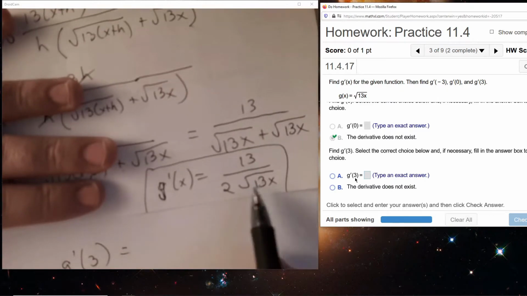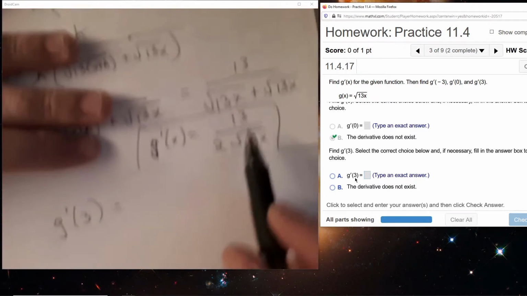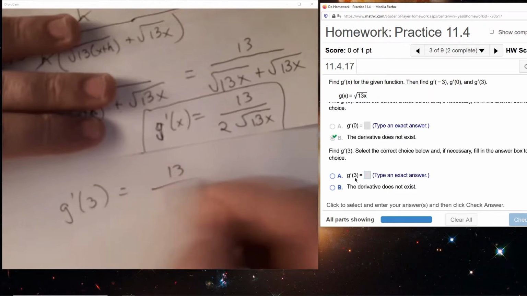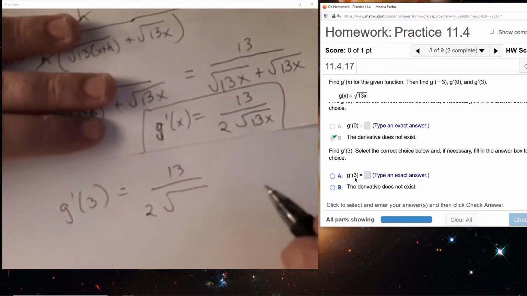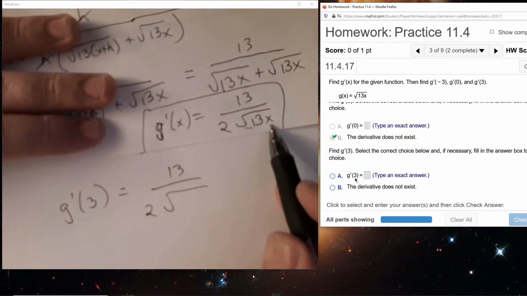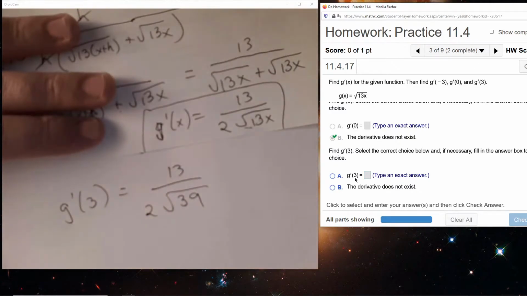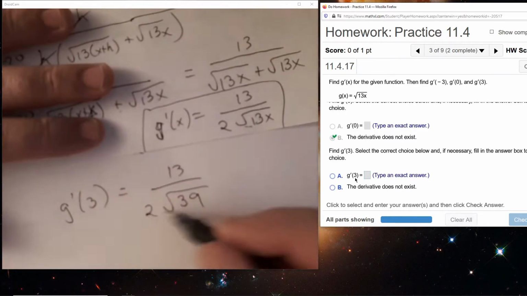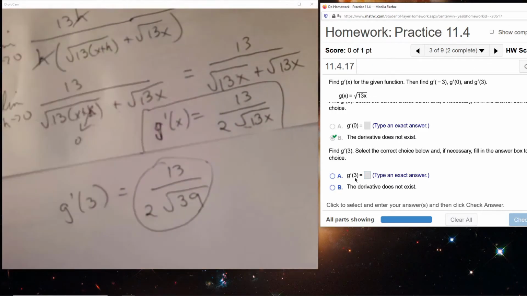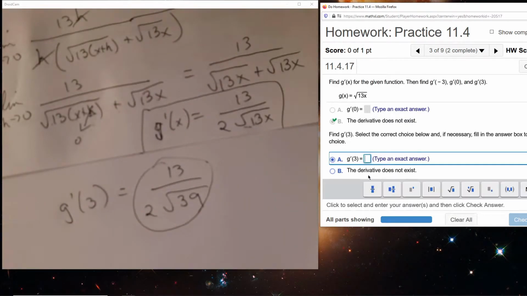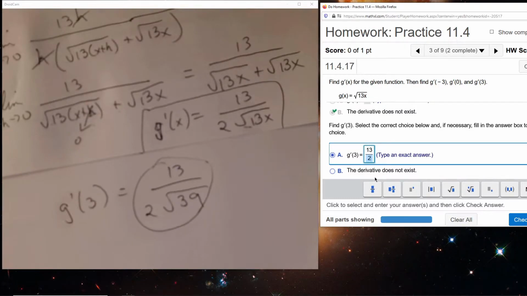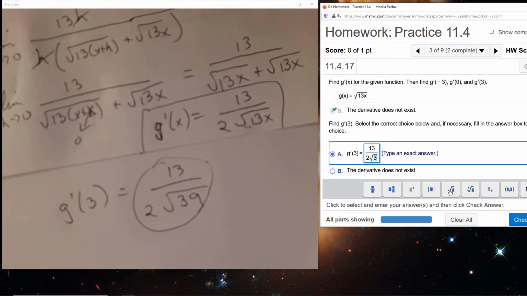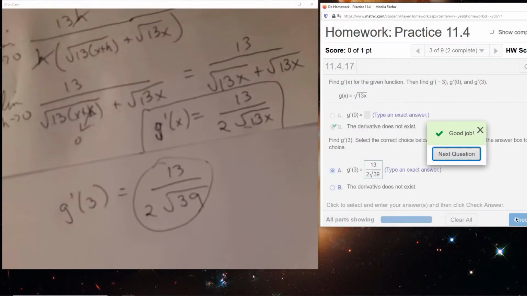So let's plug that into our derivative. And then 13 times 3 will get us 39. And this is a real number, that exists. So there's our first answer that exists for this problem. And that is question 3.